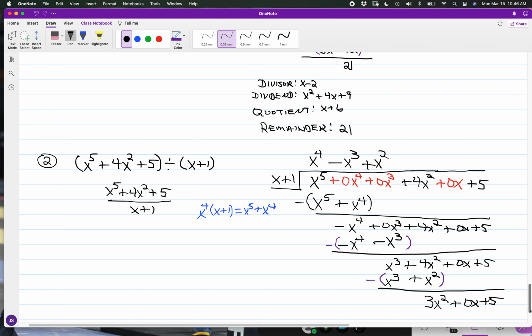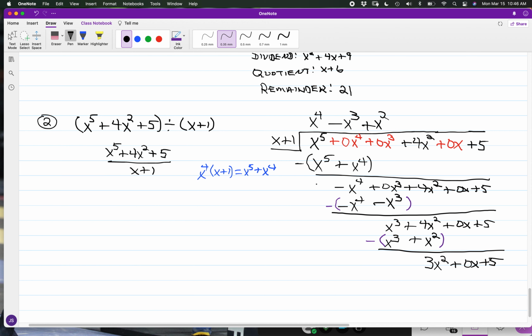Now for the next go round, we have x will go into 3x squared. So you got 3x times. So you have 3x squared plus 3x. And distributing subtraction, so 3x squared will go out. And we've got 0 minus 3x.